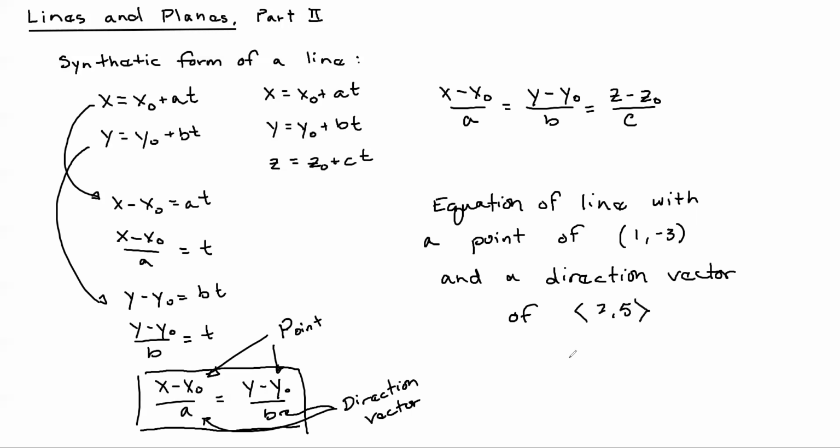Then the synthetic form would be x minus 1 divided by 2 equals y plus 3 divided by 5. So you take the point, put the point values here, and don't forget to subtract, and then you divide by the vector values. Okay, so that is the synthetic form of a line.